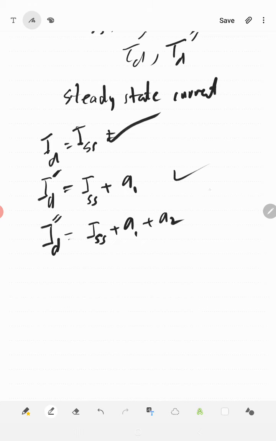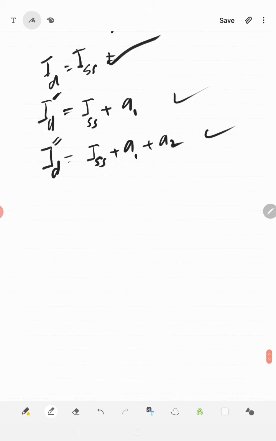Basically, this is ID steady state. We add to that A1 to get ID transient, and if we add A2, we get ID subtransient.